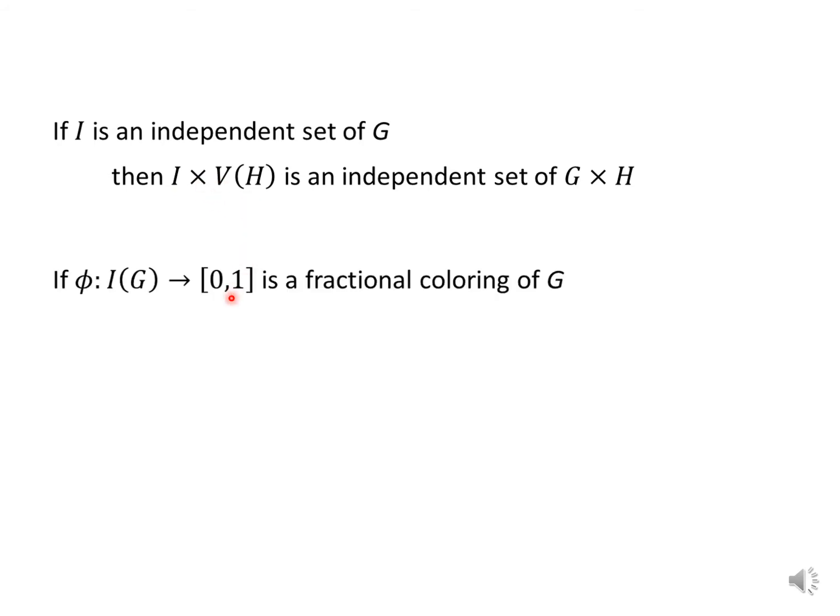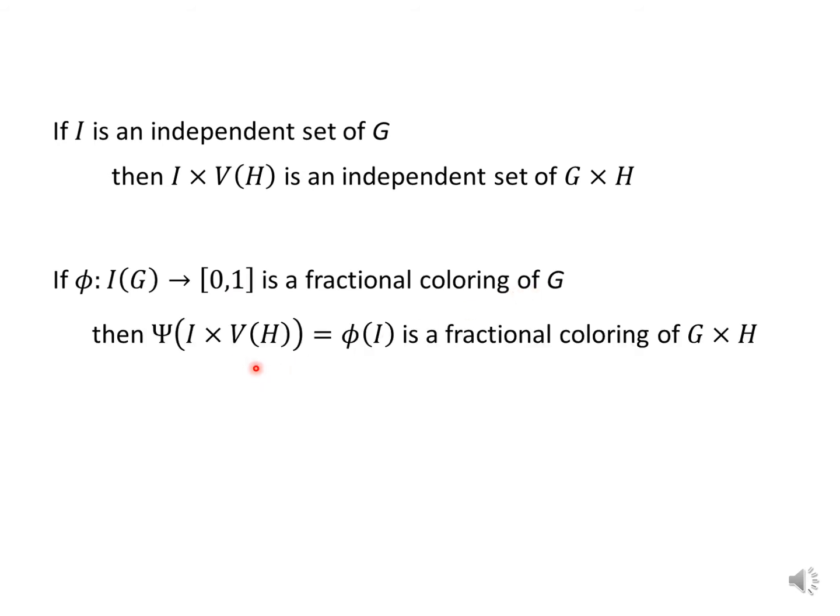Now if phi is a fractional coloring of G, then we can lift it up to a fractional coloring of the product graph. Just assign the weight of this independent set to this independent set. It is easy to see that this is indeed a fractional coloring.